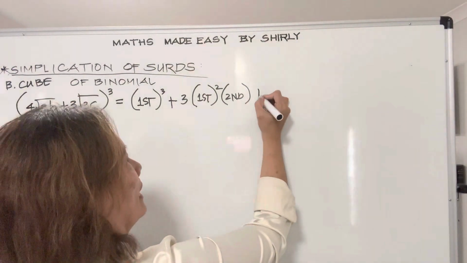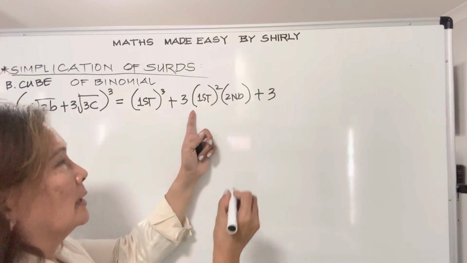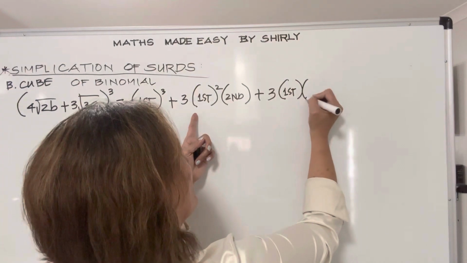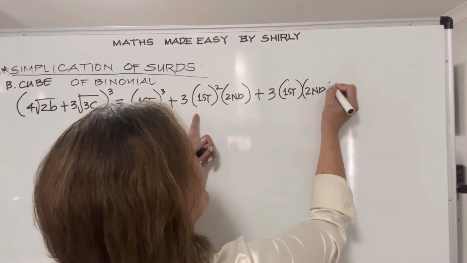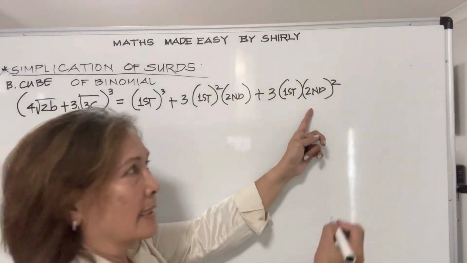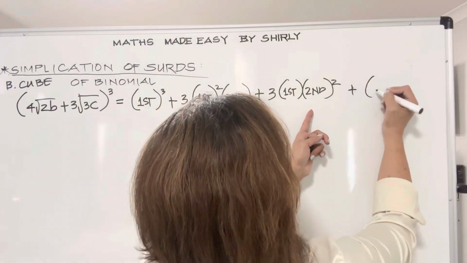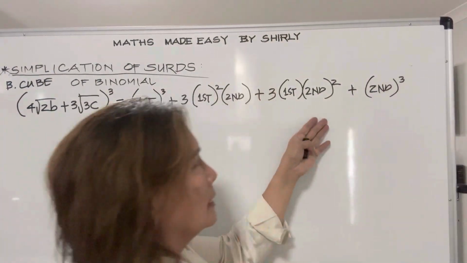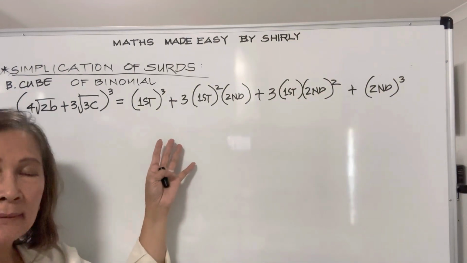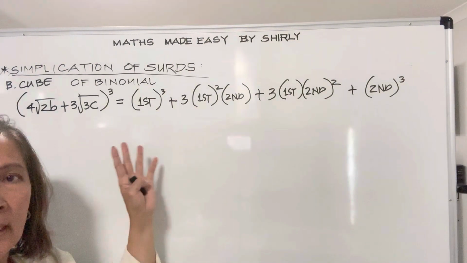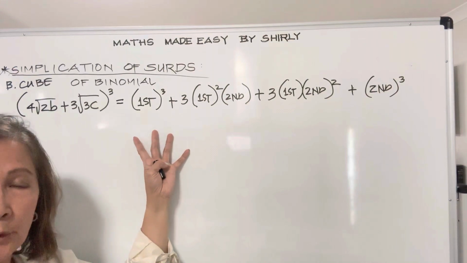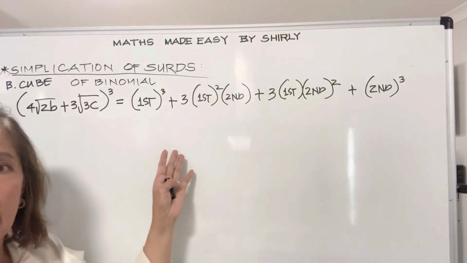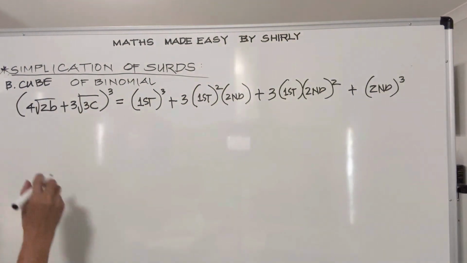Next, we again get thrice the product, this time with the first term and the square of the second term. And lastly, we have the cube of the second term. So following this rule, we expect that we have 4 terms as a result, unless we simplify further the given answer. We now apply this rule.